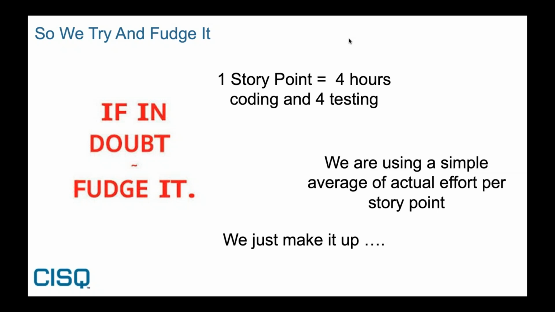Another example is teams looking at the tasks associated with a story point and tracking the activity effort per task. The problem with that is you can end up with unnecessary breakdown to a task level just to get a metric. And my favorite fudging approach is just make it up, because I've worked in organizations where we've done that. That is what's happening in many organizations today at the enterprise level. The teams are trying to answer the question and keep management off their back.